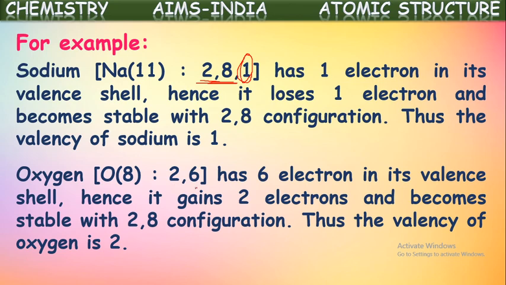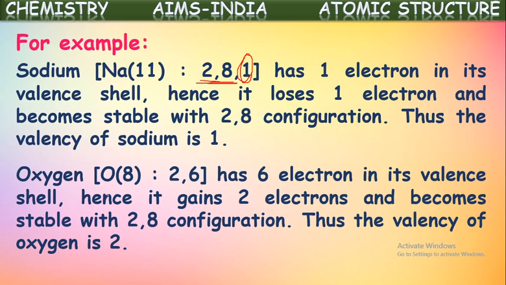Here, one point is very clear: valency and valence electrons are different. For some elements, generally metals, valency and valence electrons will be the same. For sodium, the valency found here is 1. What is the number of valence electrons? It is also 1. But for non-metals generally, valency and valence electrons will be different.